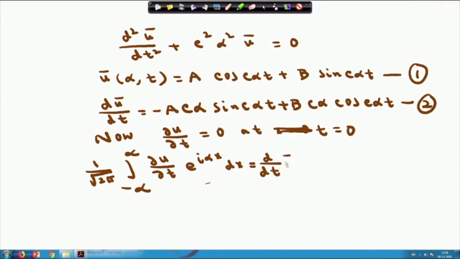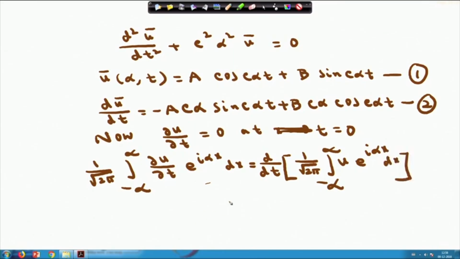So, d/dt of 1 by root 2π, integral from minus infinity to infinity of u into e^(iαx) dx, and this is nothing but ū. So, this becomes dū/dt.